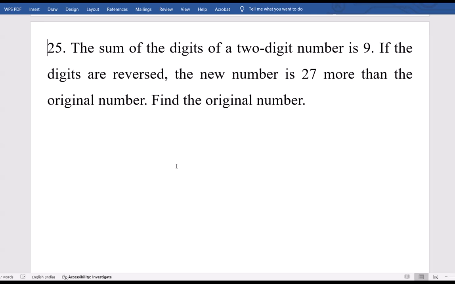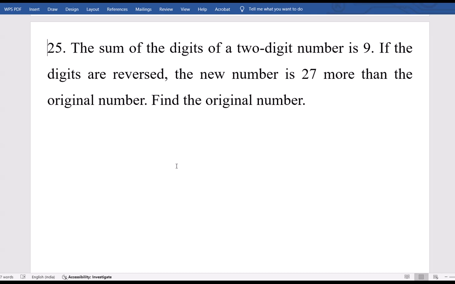72 plus 27 will become... 99. Reverse is not 27. No? If options are given, it's very easy.